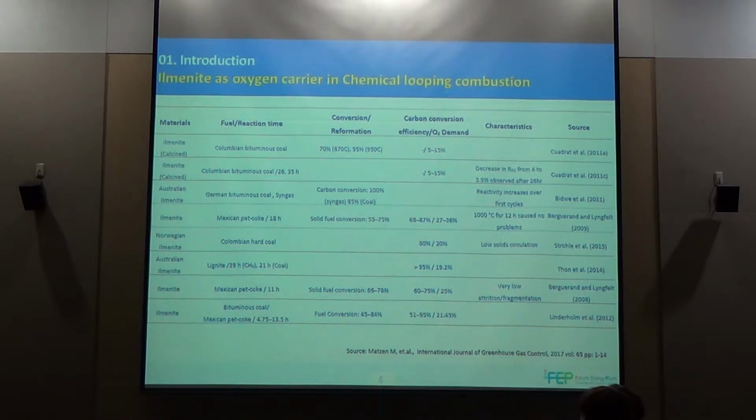In this study, we consider ilmenite because ilmenite is a natural material and has enough oxygen transfer capacity. As actually ilmenite is well researched in chemical looping combustion, so that's why we consider this material and apply it to our system.